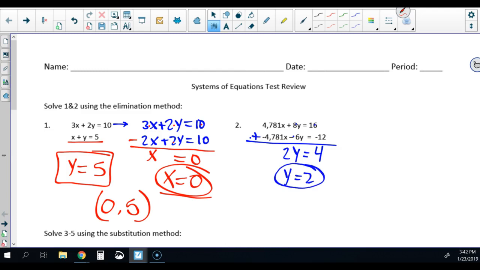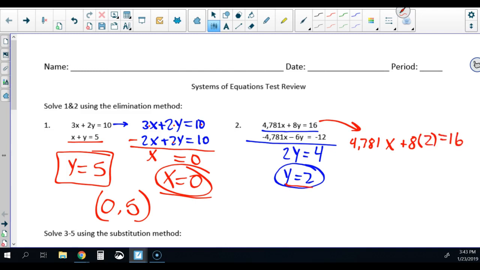That's half of my answer. I need to go back and find the x. So take either one of these equations. I guess the top one looks a little better because it's positive numbers. 4,781x plus 8 times y, which we just found out is 2, is going to equal 16.